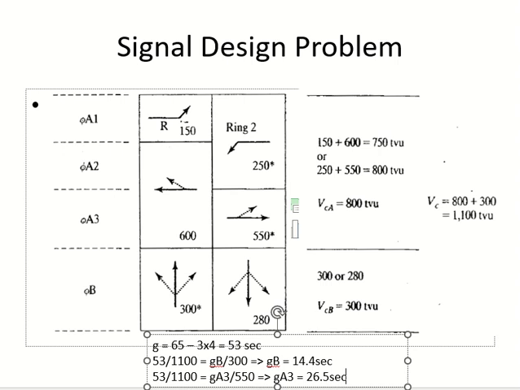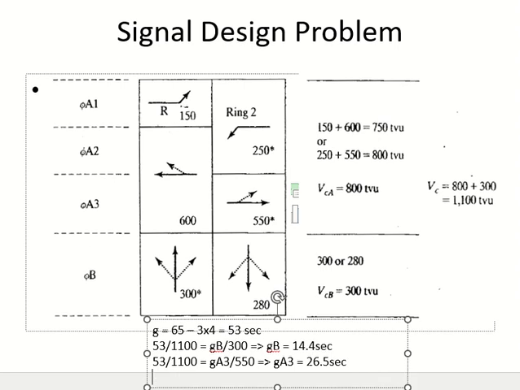First of all, I will calculate the total time of this side, which is G A1, A2, A3. Total green time was 53 seconds, remember? Out of that, B has a time of 14.4, right? So the remaining is A1, A2, A3.